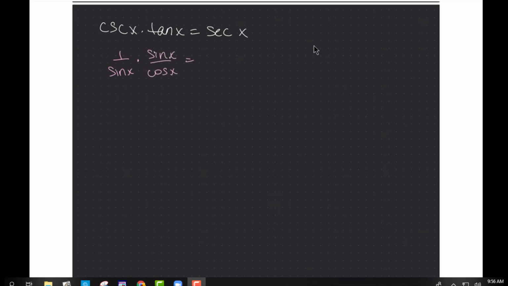All right. Equals, and we're going to keep the right side the same, right? What do you guys notice? Cross cancel those sines, all right? We're left with 1 over cosine of x, which equals secant of x, because 1 over cosine of x is secant of x. Secant of x equals secant of x, okay?